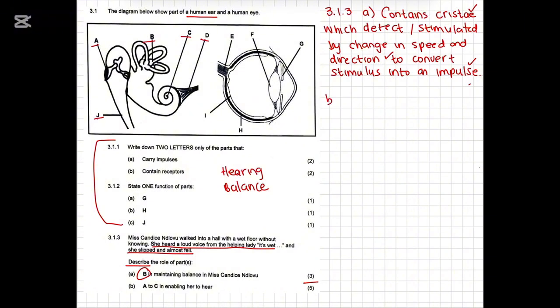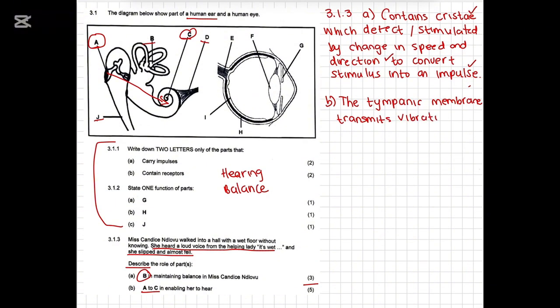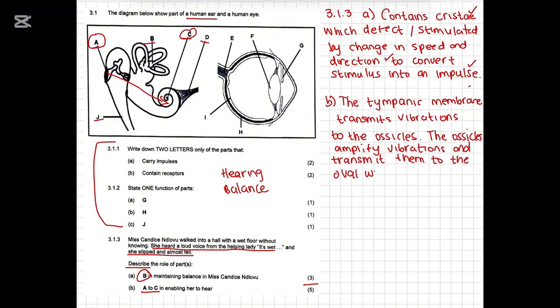The next question, it says describe the role of part A to C in enabling her to hear. So we just describe the movement of sound from A to C. A, which is the tympanic membrane, will vibrate and transmit vibrations to the ossicles, and then the ossicles will vibrate and amplify vibrations, transmit them to the oval window, and then the oval window will create pressure waves in the inner ear, or in the endolymph, or the fluid in the inner ear.